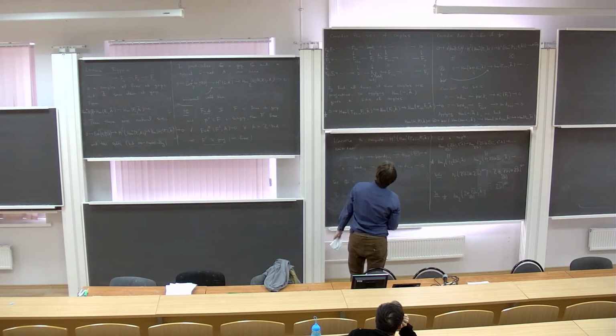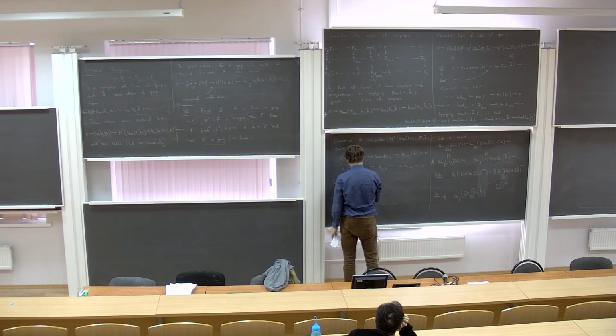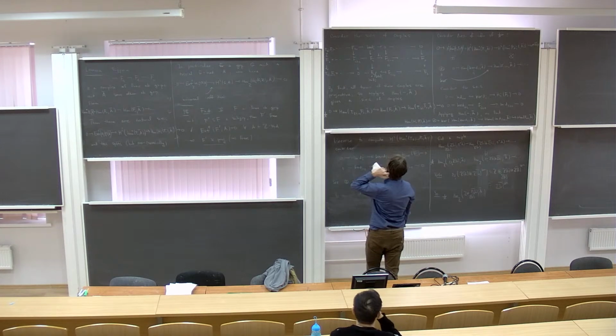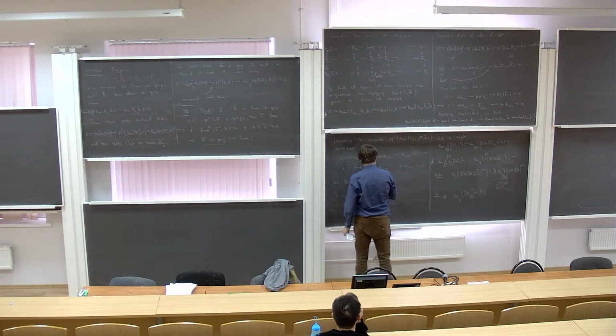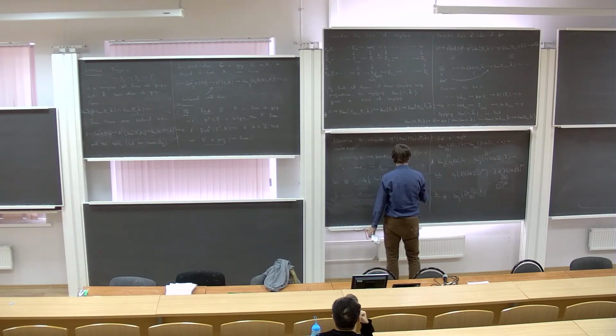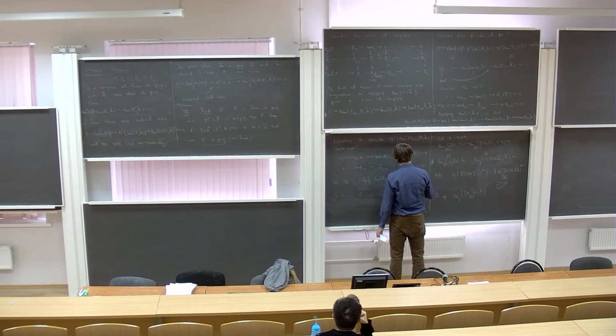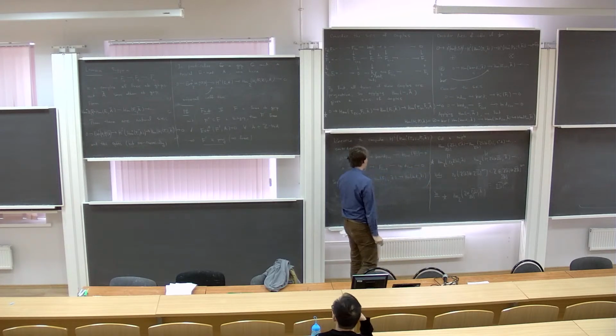This is going to be the co-kernel of hom F_{i-1} into A bar, mapping to hom image d_i into A bar. Okay, we want the co-kernel of that map.